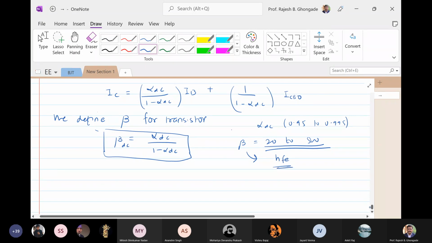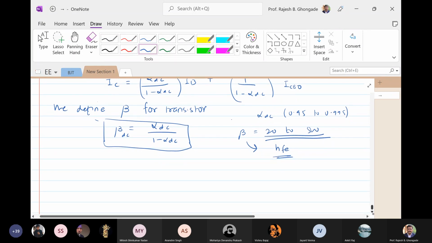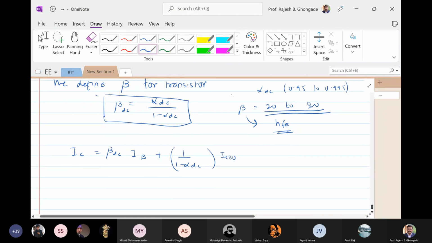We'll see that in the H parameters. Now, in terms of beta, I have IC is beta DC into IB plus 1 divided by 1 minus alpha DC into ICBO. I just use beta DC instead.